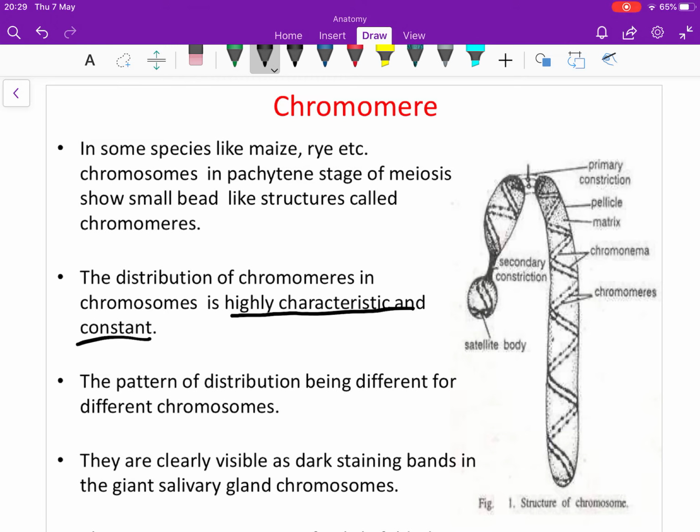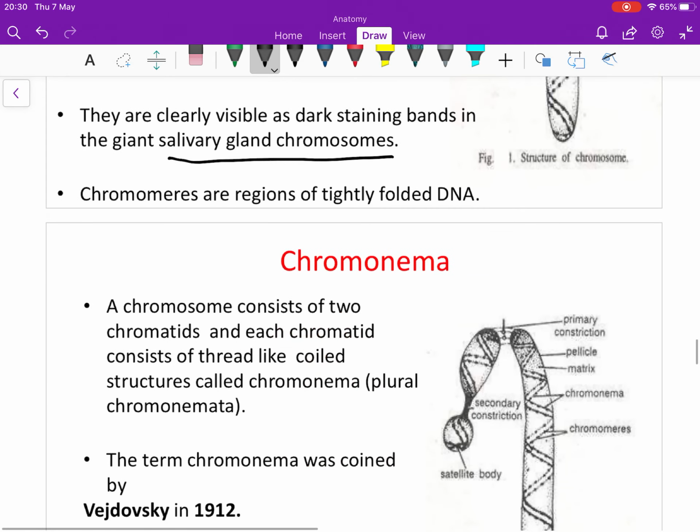They are clearly visible as dark staining bands in giant salivary gland chromosomes. As these chromosomes are larger in size, the chromomeres are easily seen as they are dark staining.